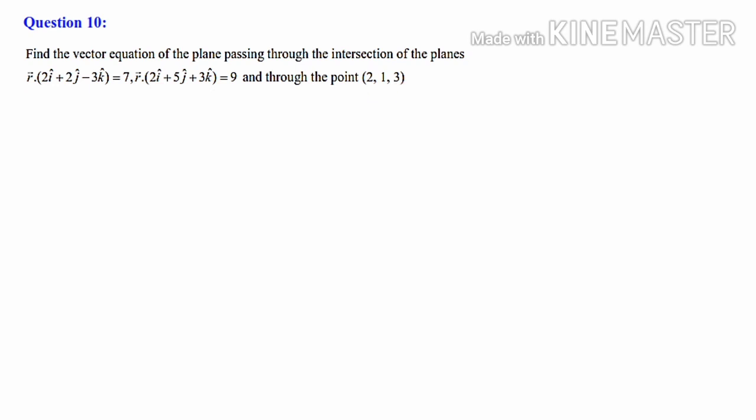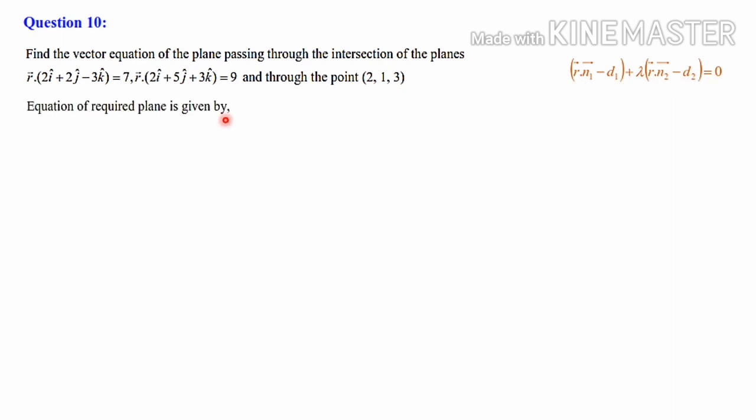Here let's recall the formula in vector form, that is plane 1 plus lambda into plane 2 is equal to 0. That is r dot n1 minus d1 plus lambda into vector r dot vector n2 minus d2 equal to 0. To recall it: plane 1 plus lambda into plane 2, p1 plus lambda p2 equal to 0.